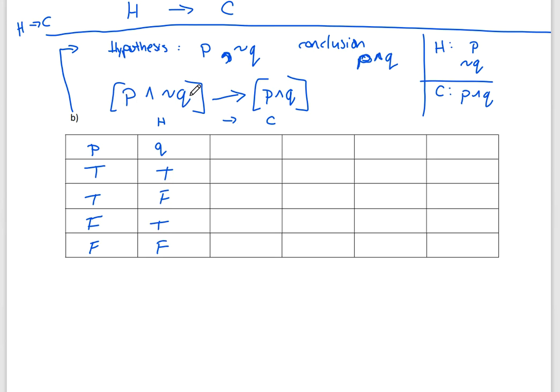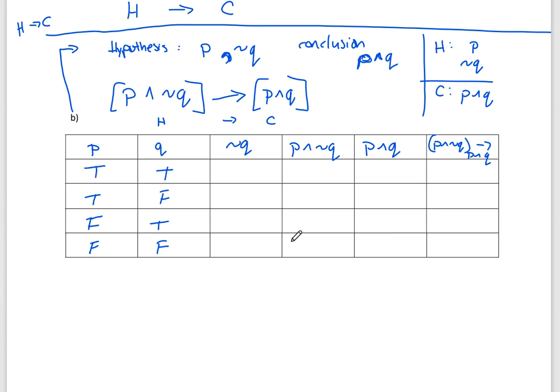I need the negation of Q, and then I need the P and negation of Q. My right-hand side, I just need P and Q. And then my last column should be everything. So again, I'm going to have P and not Q implies P and Q.